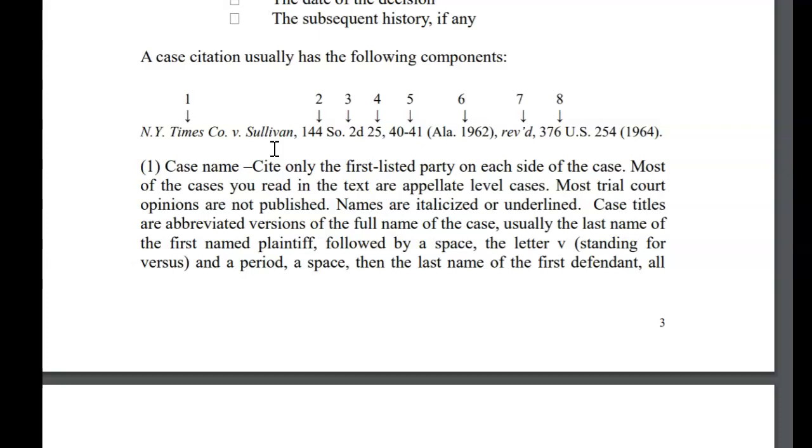Thus, if we had Robert Smith, who was suing John Doe and Jane Doe and Richard Roe, that would come out to be Smith versus Doe. Okay? Then you separate the case title from the reporter citations with a comma and a space.